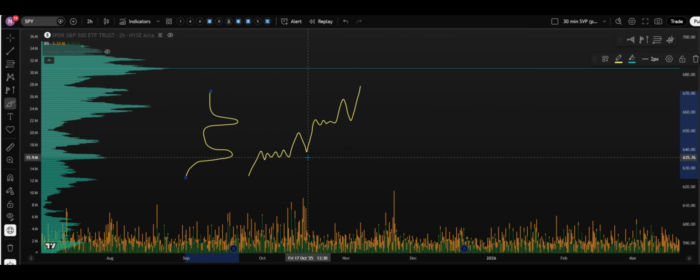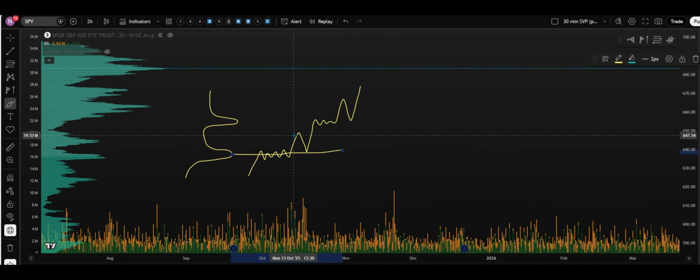And what you really want to see is this means buyers and sellers are participating in this consolidation area right here. And when price moves up and away from it, and then comes back down to it and uses that as a support, this would be what we would call a point of control. So a heavy volume area where it is the most contested price between buyers and sellers.